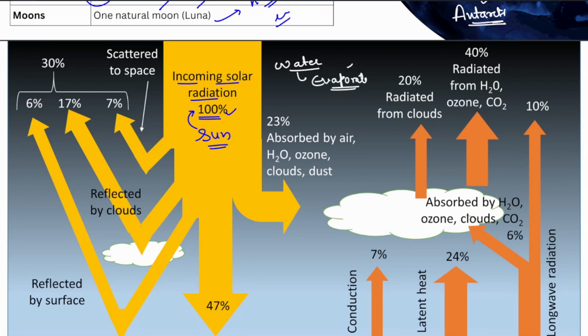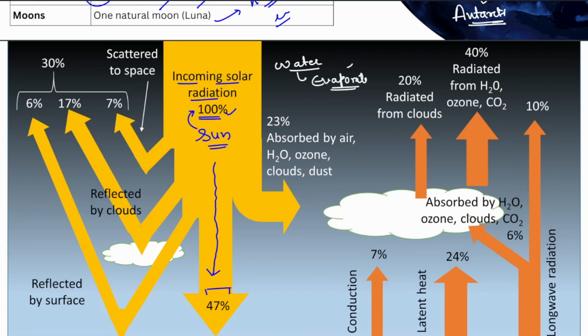Most of it, 47%, is absorbed by the ocean and land. Absorbed means utilized somewhere in the system. We'll talk later about what happens to the absorbed part, but right now, the major part of it is absorbed.